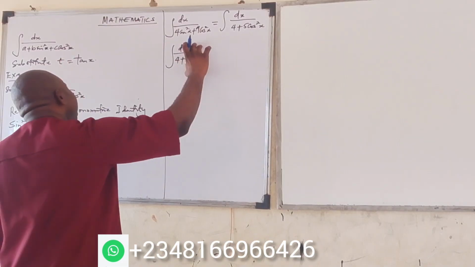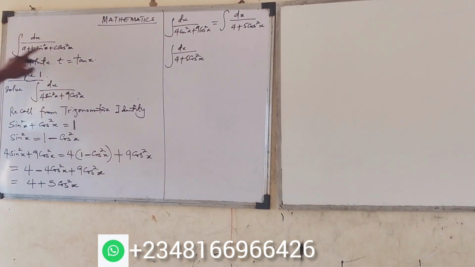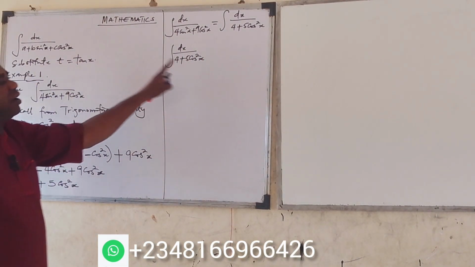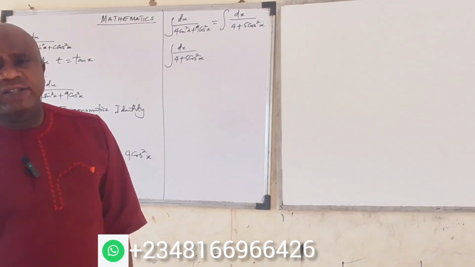Now, looking at this, we can see that this is of this form, where we have c cos squared x, that is 5 cos squared x.